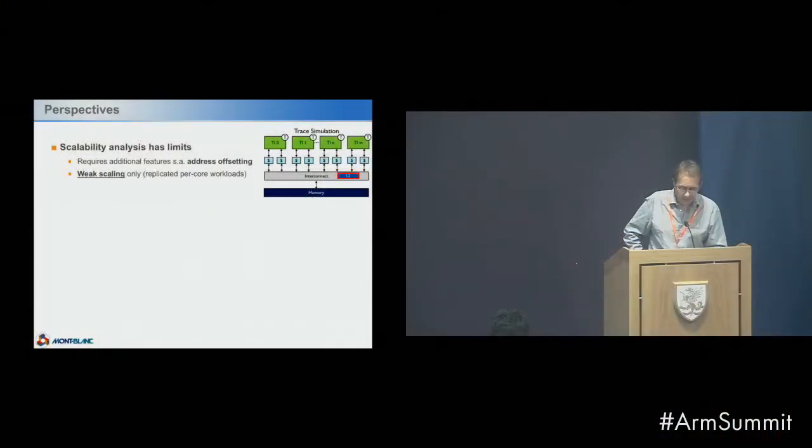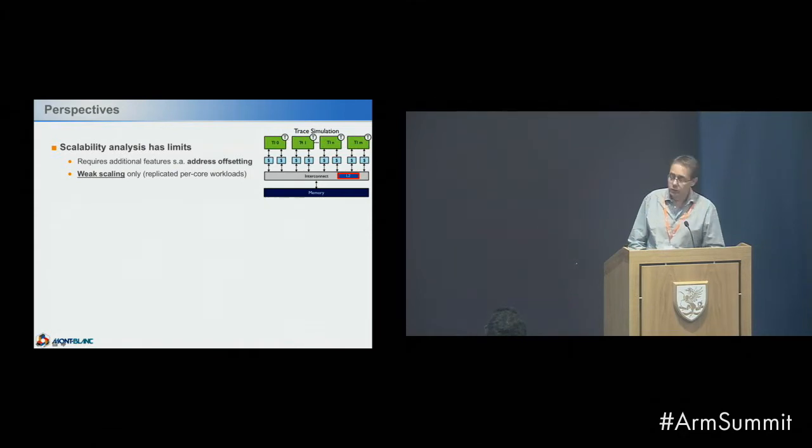You can explore system sizes that are pretty large without having to wait for weeks until you have an estimate of the performance. All right, so this scalability analysis has bold limits. I have to say that. First, these are things I didn't mention. It requires some additional features, such as address offsetting.